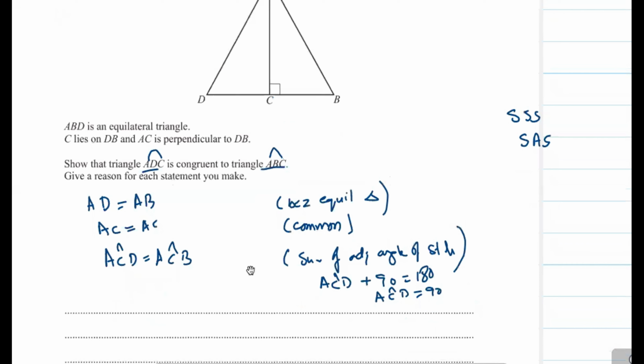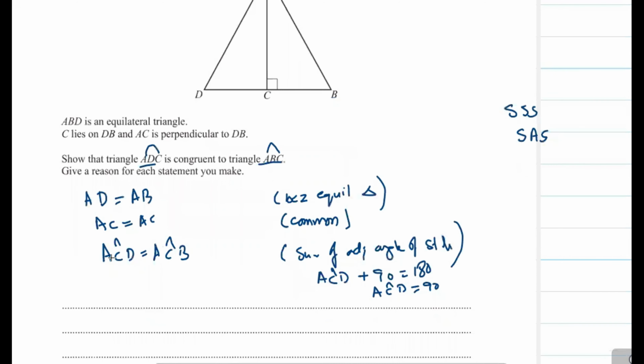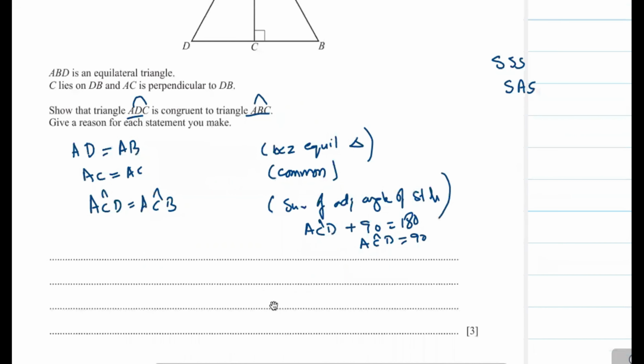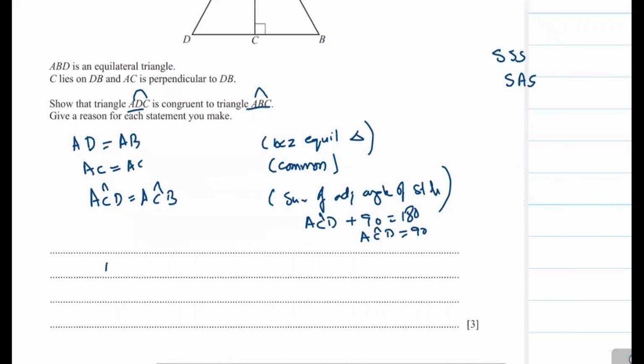And you see here, two sides in one triangle are equal to two sides in the other. Therefore, you can write triangle ADC is congruent to triangle ABC. You write the SAS property.